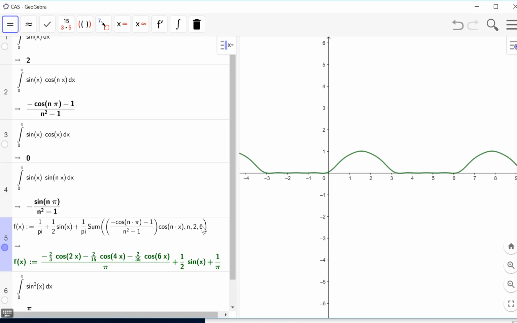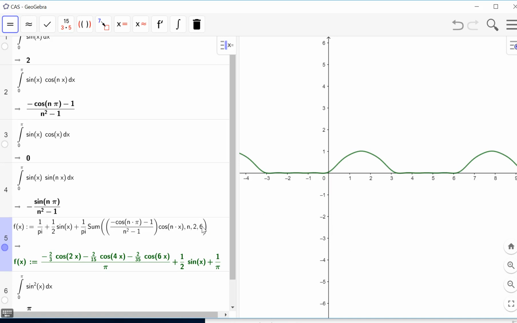Yeah, Morgan. Could you show how you get your first term, the 1 over pi, like your A naught? Where the 1 over pi comes from? So the integral we got was 2, and we divided it by 2 pi, because that was the period.